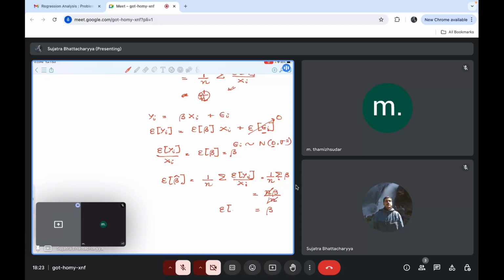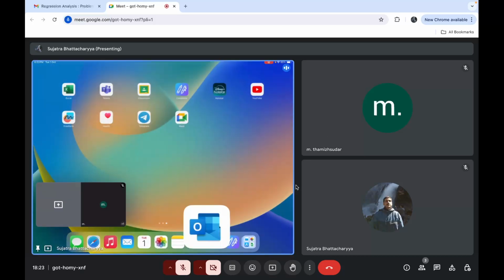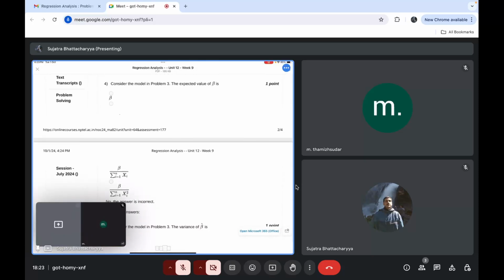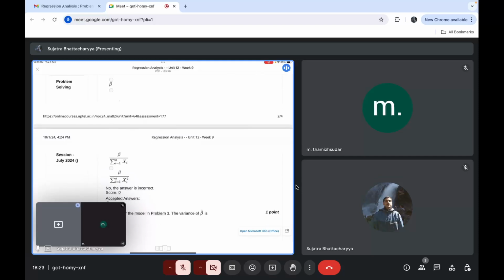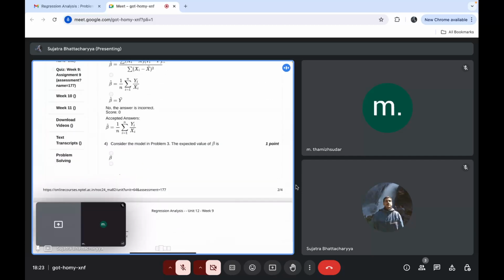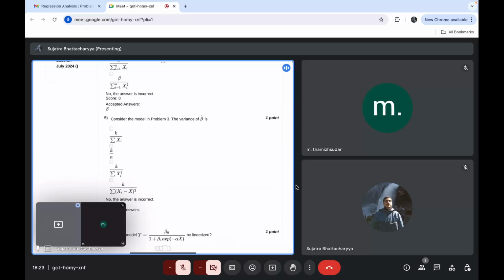Therefore, expectation value of this beta hat comes out to be equal to beta. That's what is the question. Coming back to the question, the expected value should be beta hat, so the beta hat expectation value is actually beta, the first option.